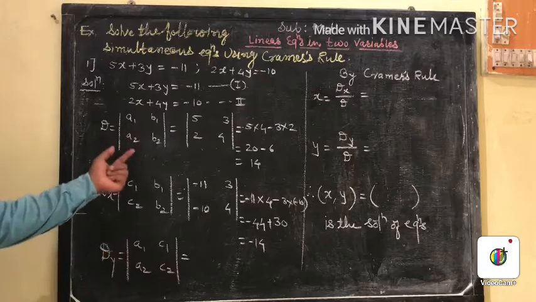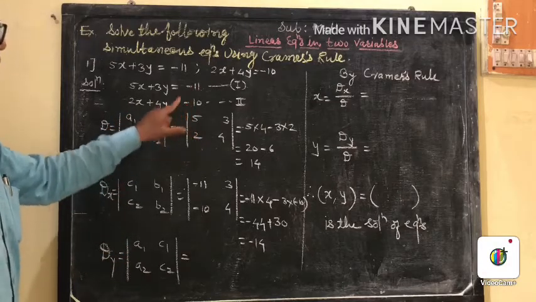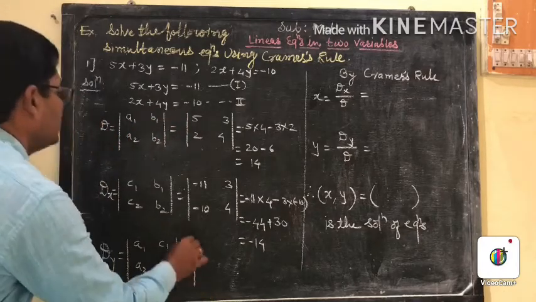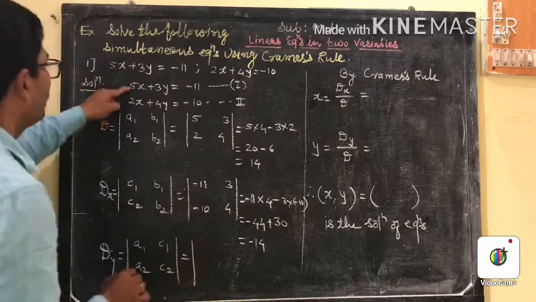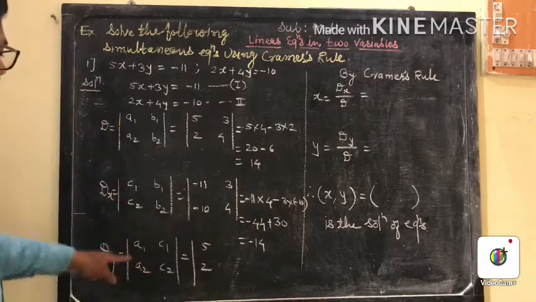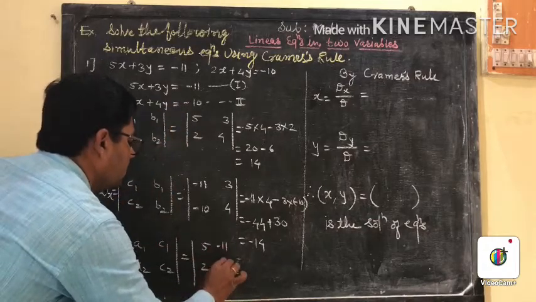Similarly you can find the value of Dy, and you know the determinant Dy is the change in D: replace b1 b2 by c1 c2, so write down a1 a2 as it is. What is a1 a2? 5 2, and c1 c2 minus 11 minus 10.